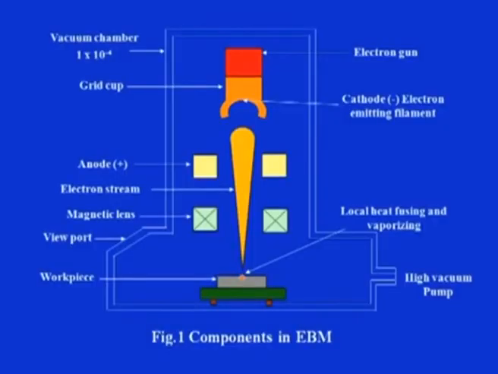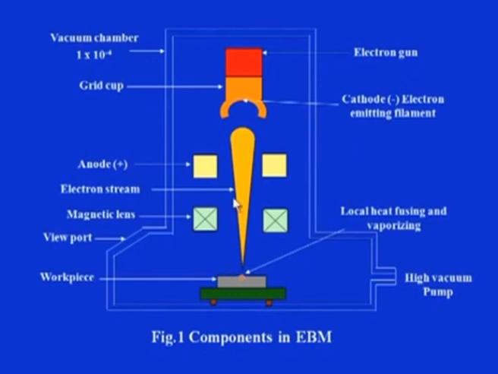The main components of this electron beam machining setup are shown in the following figure. This is basically housed in a vacuum chamber and the vacuum is maintained at approximately 10 to the power minus 4 torr. This is a schematic of this process.